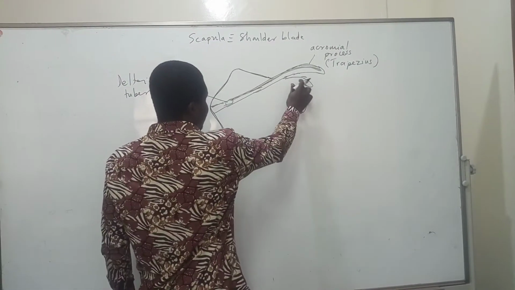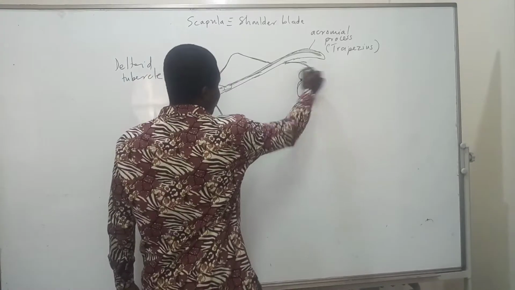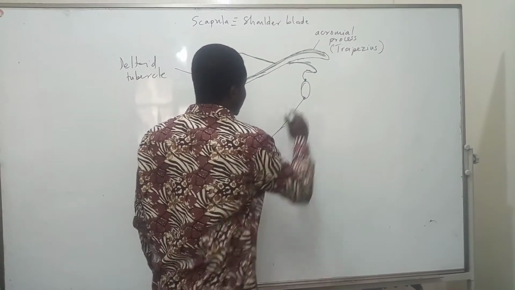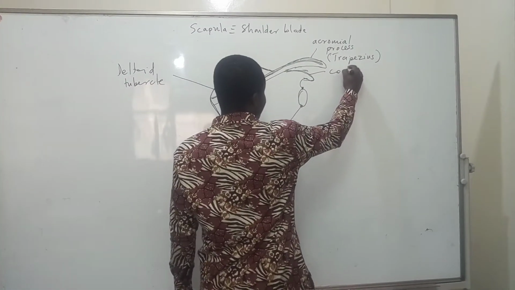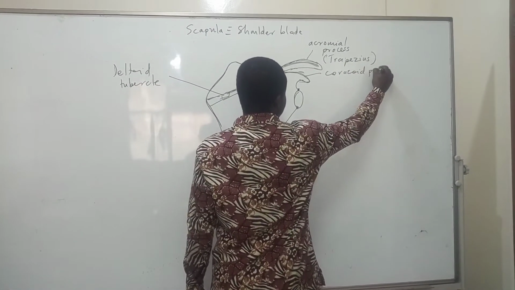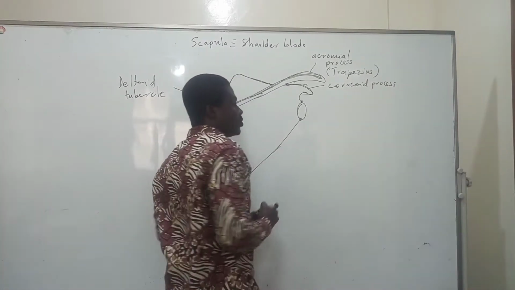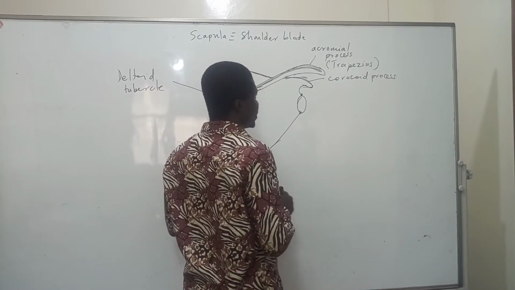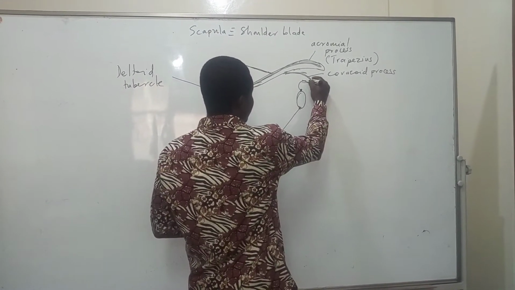Now, the process inferior to the acromial process is what we call the coracoid process. It's shaped like the beak of a crow. This coracoid process provides attachment for three muscles.